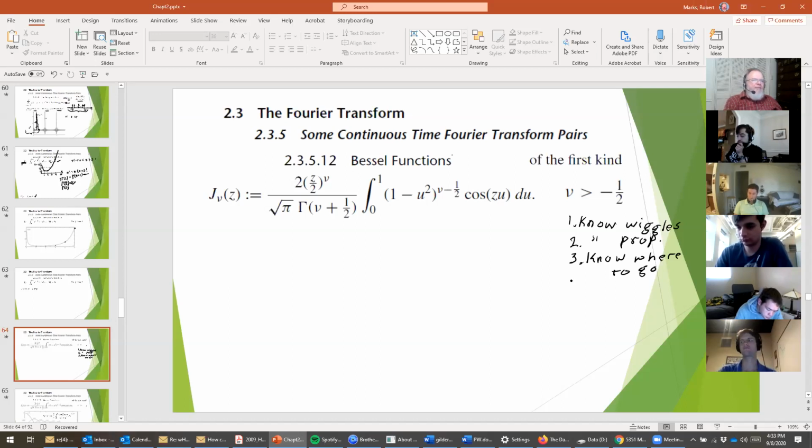There's a fourth thing that I forgot to mention. You know the definition, going back to the sines and cosines. You know the definition of the sines and cosines, don't you? What's the definition of a cosine?